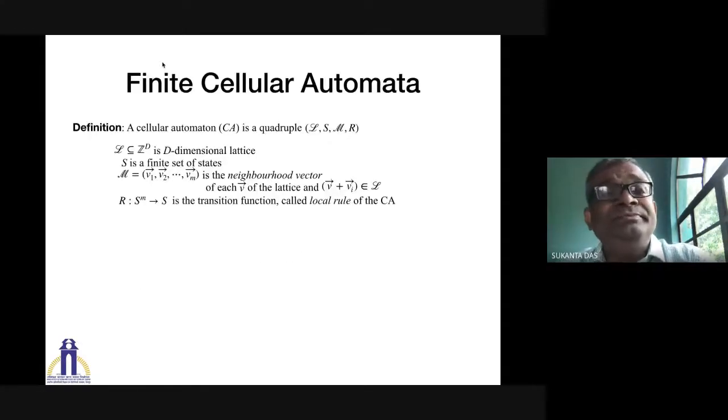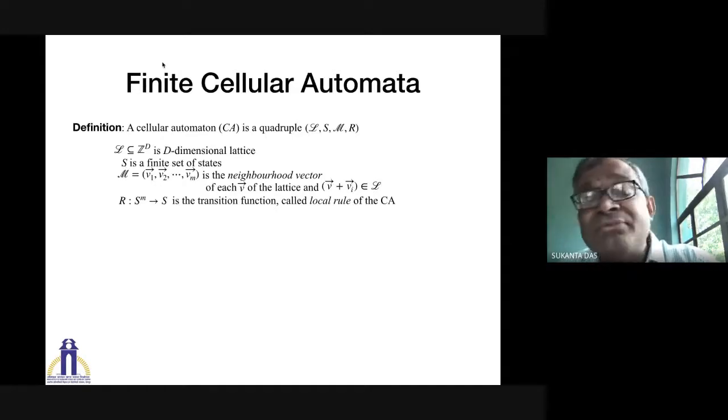Well, let us revisit the definition of a cellular automaton. I have slightly changed the definition. You may notice that I have written a cellular automaton is a quadruple L, S, M, R, where L is a d-dimensional lattice.